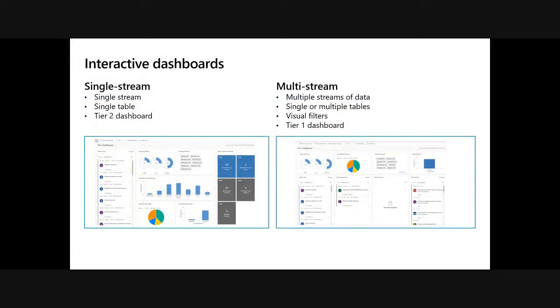In the interactive dashboard, we have the single stream and multi-stream. The single stream provides you with just one table, information about one table, right? While the multi-stream provides information from multiple tables, previously entities, right?